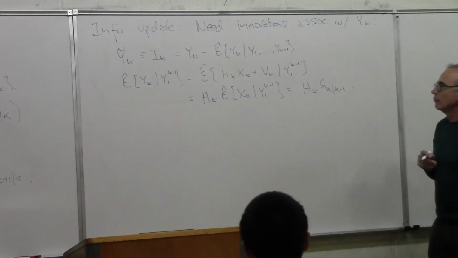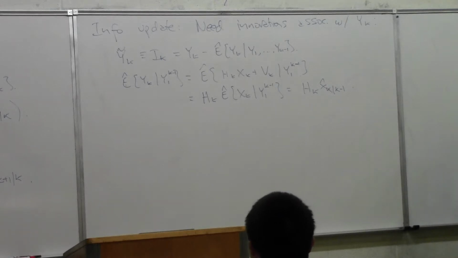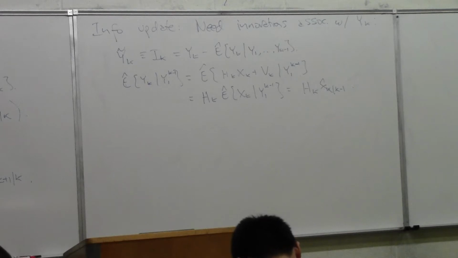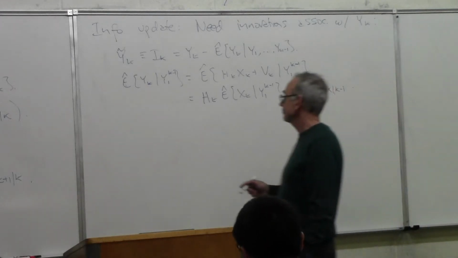So you can imagine how frustrated I was that I couldn't get to this last lecture. I mean, it's such a trivial thing. So what you get as the innovations is just the difference.